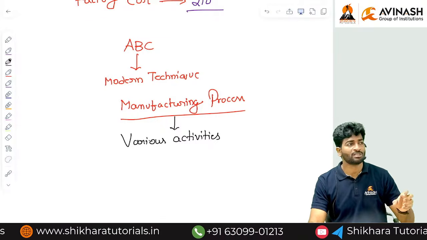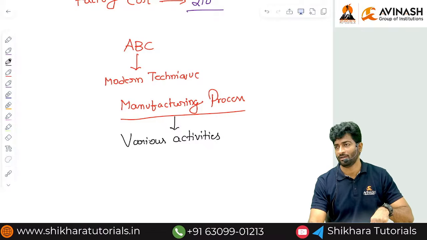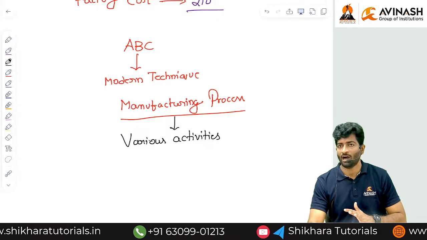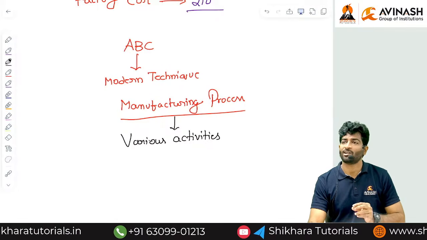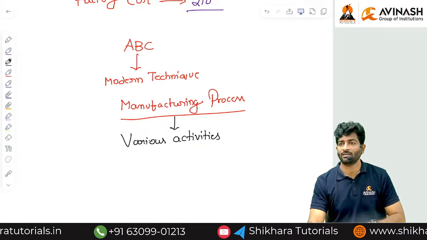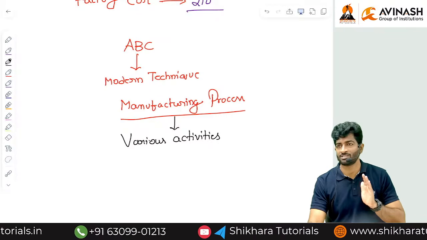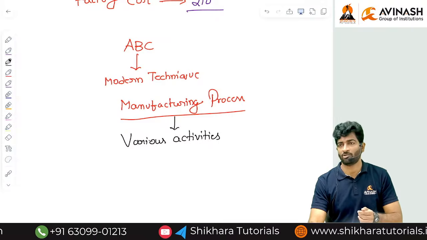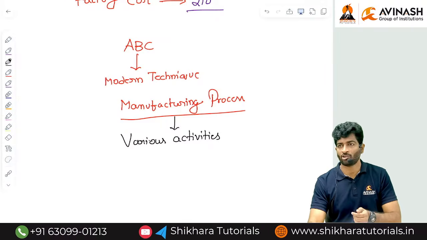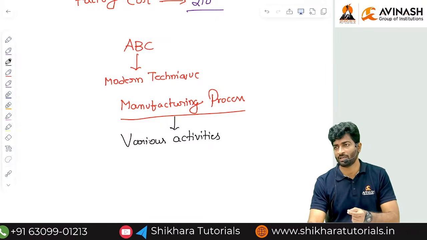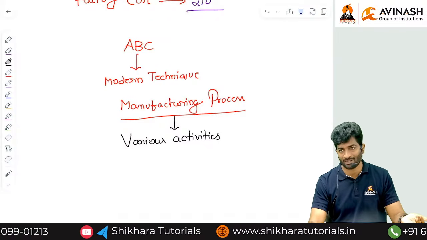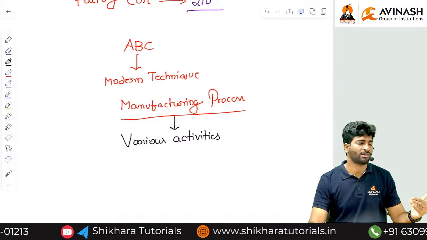So based on the resources you are consuming, overhead is to be apportioned. It cannot be apportioned just like that based on old, traditional methods. For every activity to happen, or for every expense to be incurred, there must be something which is driving the expense. That is what we call a cost driver.